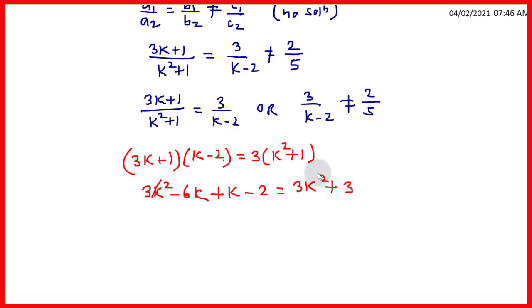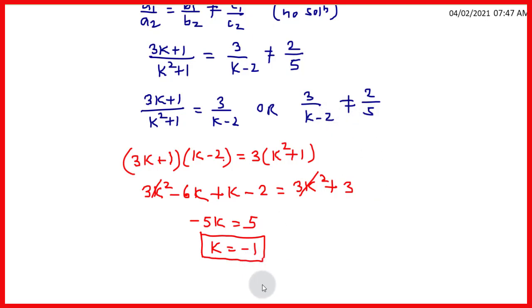Now here this 3k square and this 3k square will get cancelled, and you will get 6 minus 6k plus k, that is minus 5k. Take 2 to the other side, it will become plus 2, so 3 plus 2, that is 5, and so k is equal to minus 1. So here friends, we have got the value of k as minus 1.